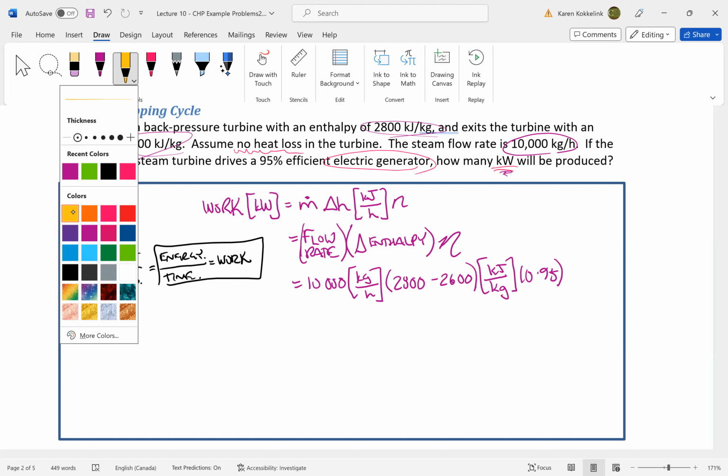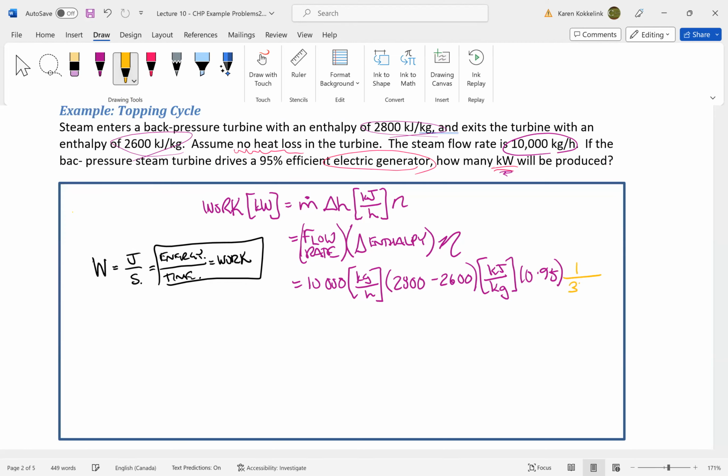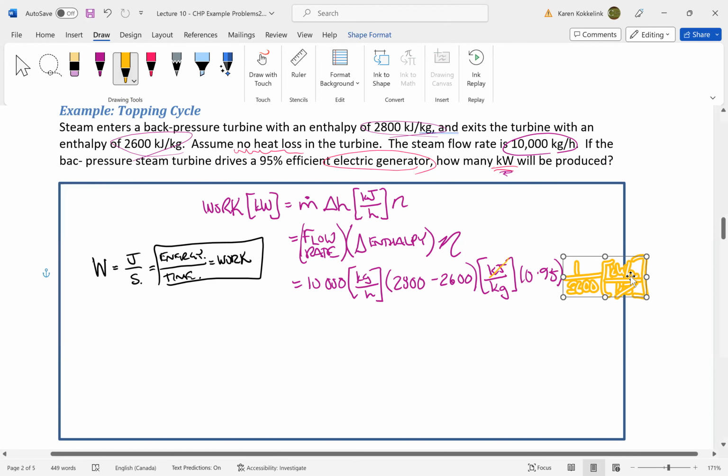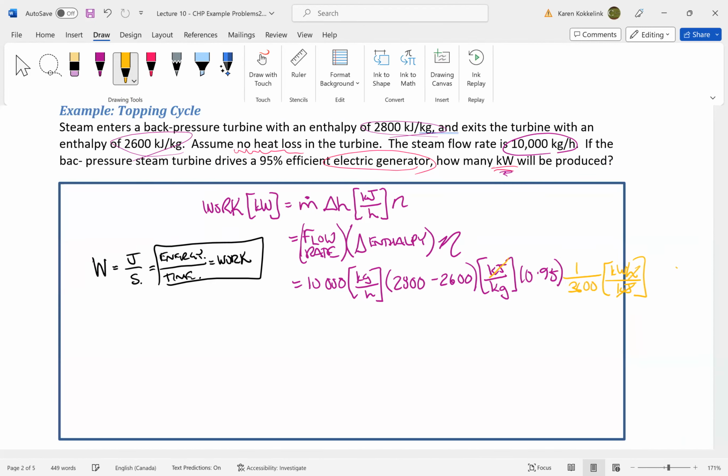If I were to multiply that by 3,600 to convert from kilowatt hours to my kilojoules, then I would have my kilojoules and my hours cancel.